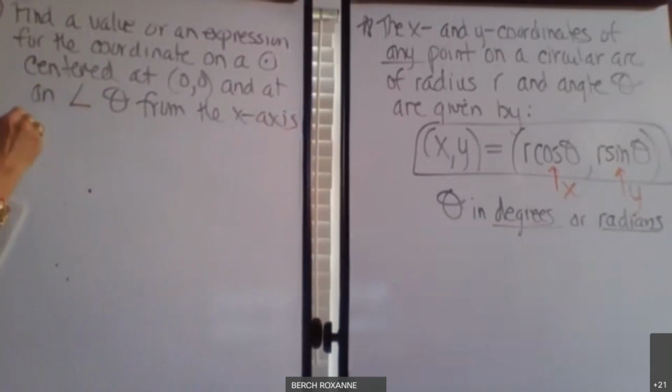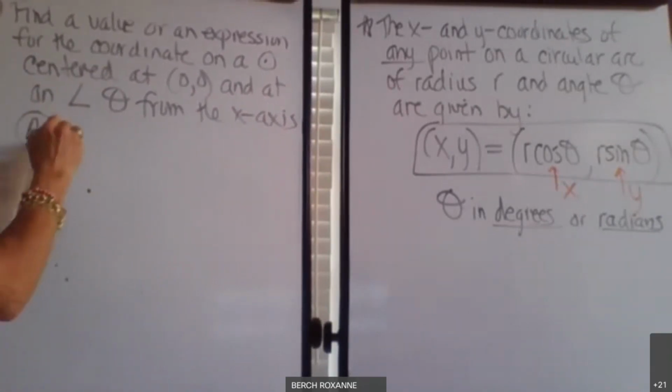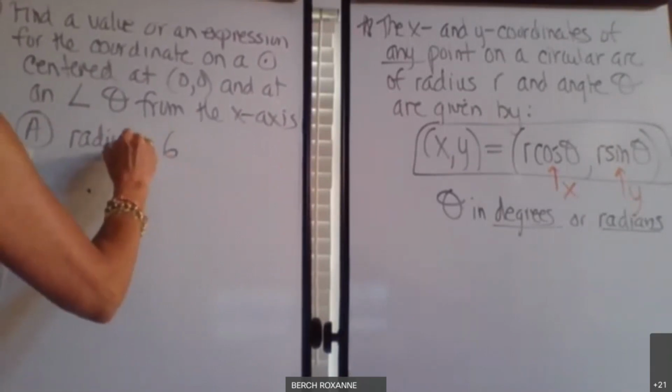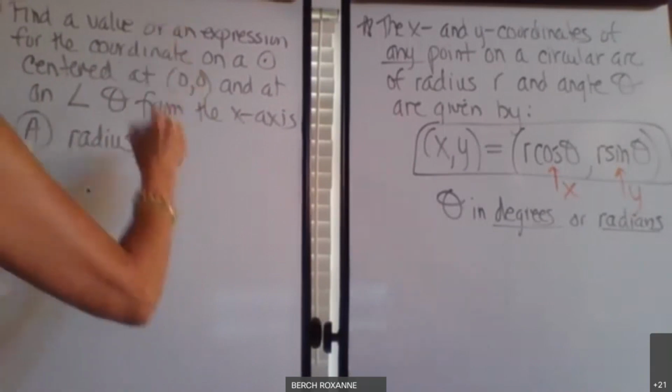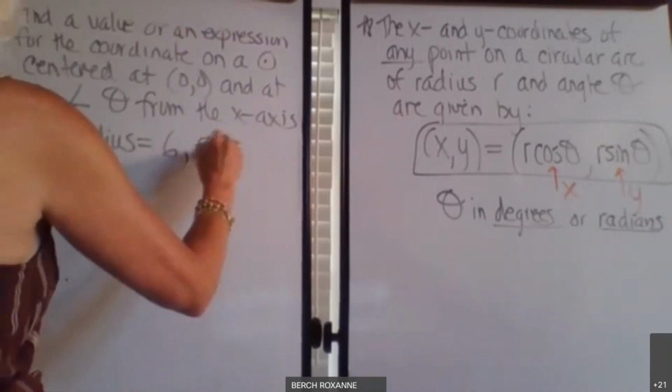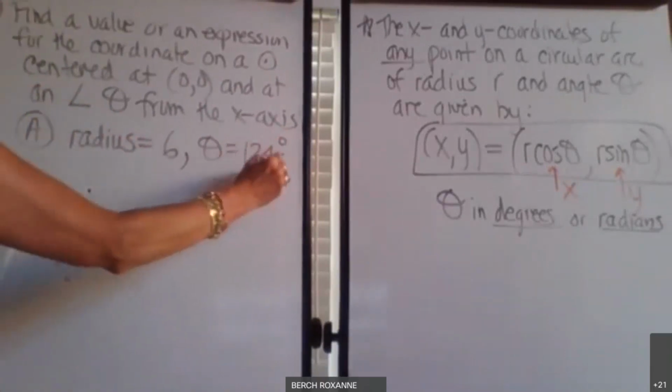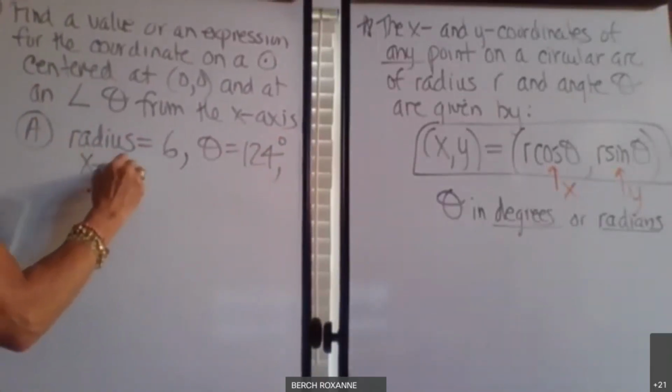Okay, what does this problem look like? They're going to give you a radius, and in this case, it's not 1, it's going to be 6 something, and the angle is 124 degrees, and they want us to find the x-coordinate.